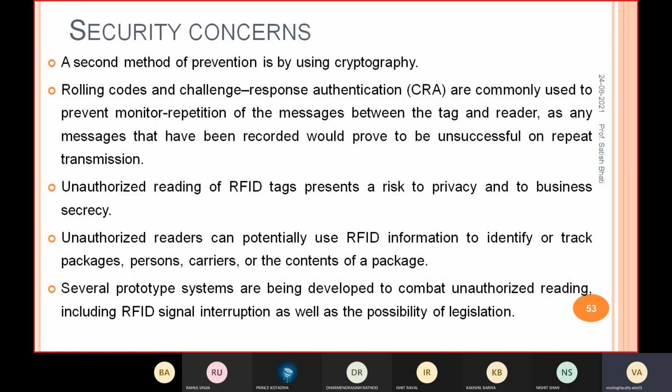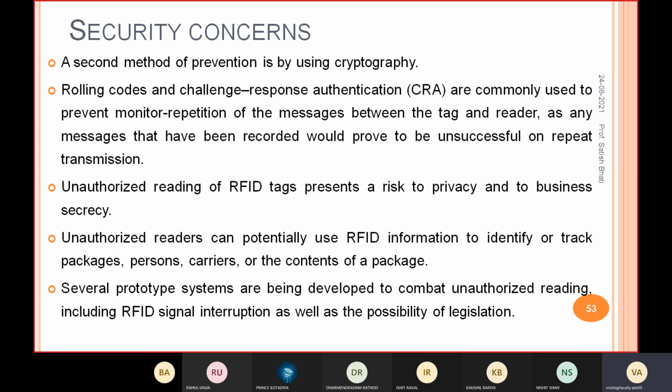Unauthorized reading of RFID tags presents a risk to privacy and to business secrecy. In business also we definitely need privacy and security. An unauthorized reader can potentially use RFID information to identify or track packages, persons, carriers, or contents of a package.